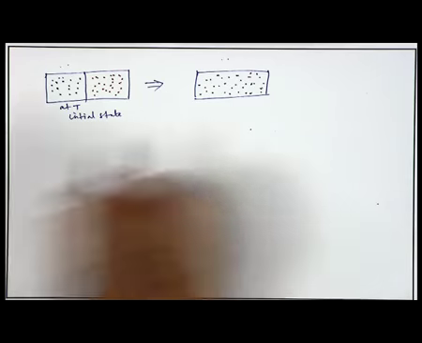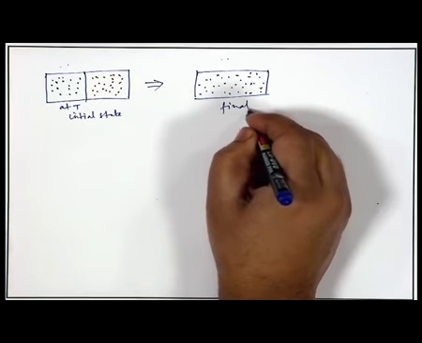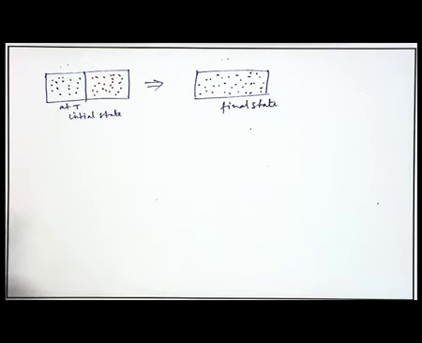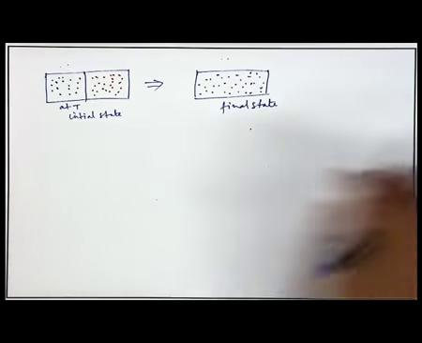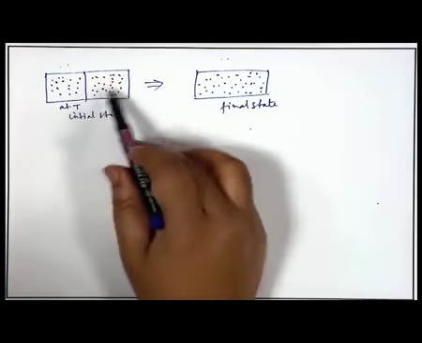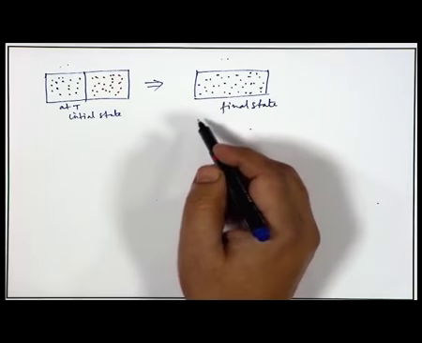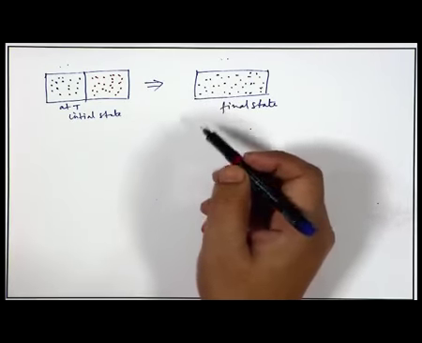That will be my final state. So, what happened? The gases are mixing spontaneously. If I consider these two as ideal gases, then there will be no interaction between them, which means there will be no change of energy.